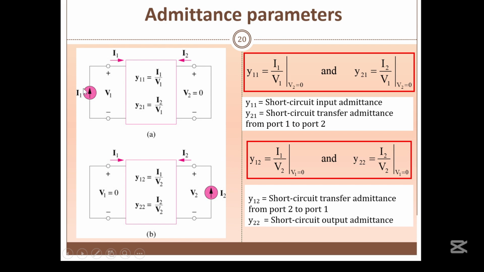We will keep a current source here. Previously for the Z parameter, we kept a voltage source at the port, and the port which is cancelled, we make it a short circuit.